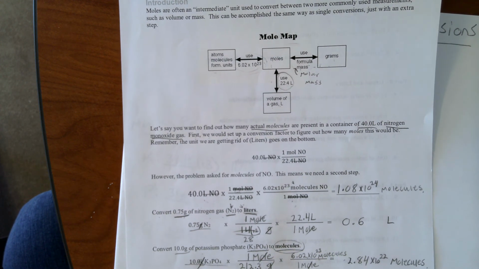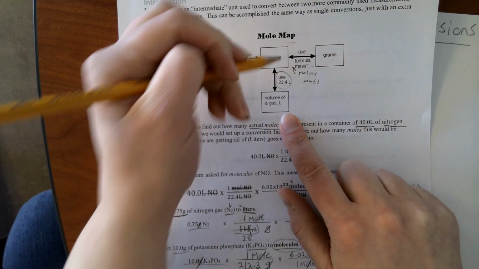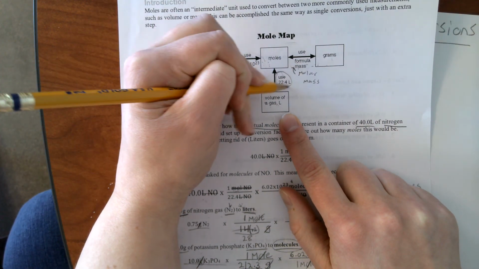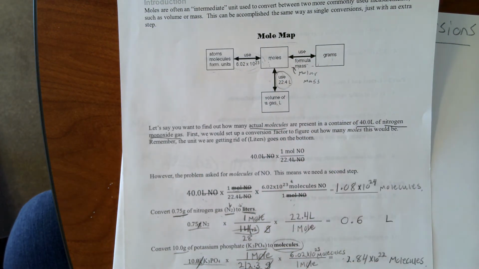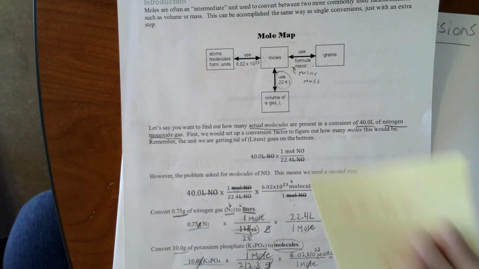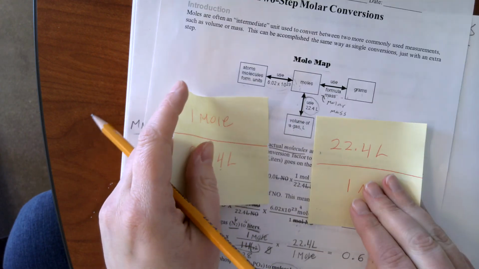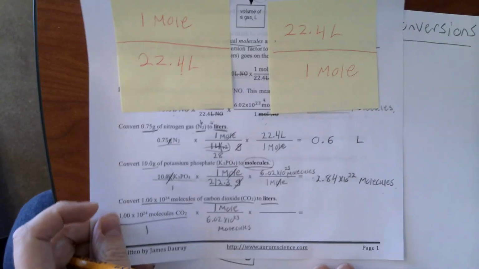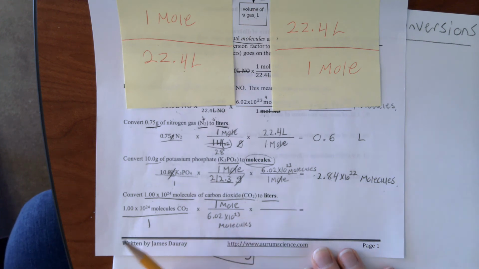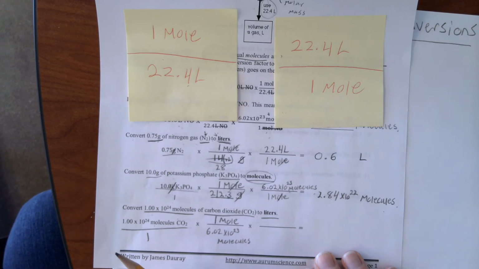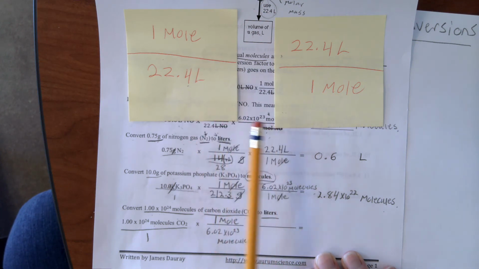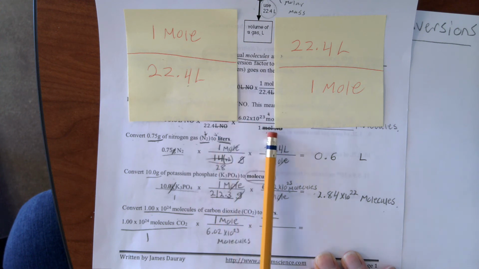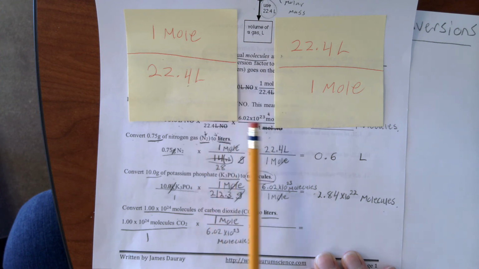And then we still need to get to liters. So we need to go from moles to liters by using our 22.4 liters per mole. This conversion factor can be written in those two ways. We look at where it needs to go. Which one do we need to use so that our moles cancel out and our liters go to the end?